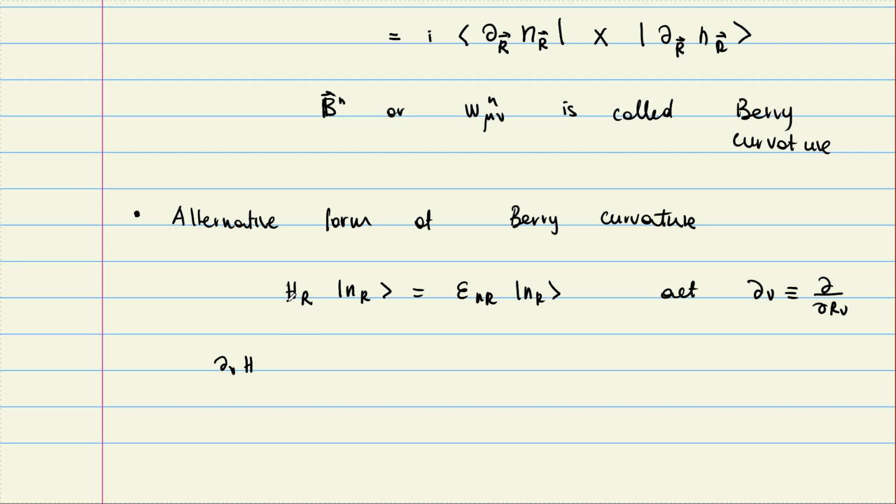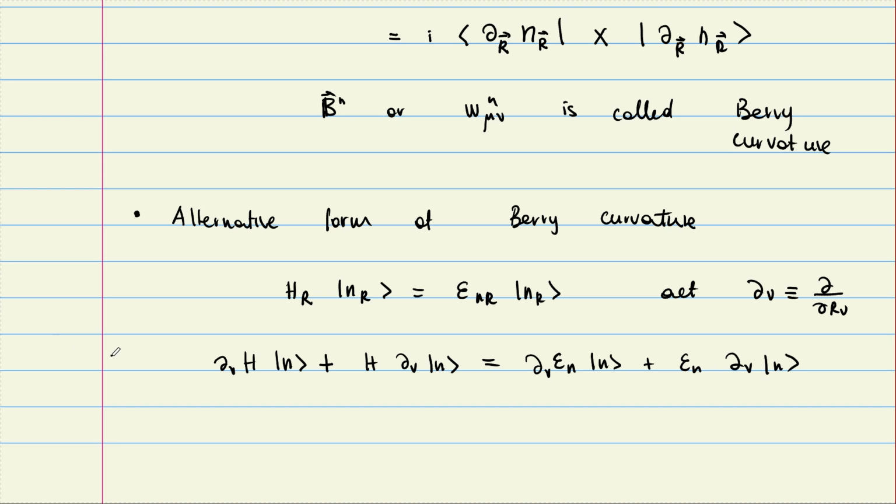There's no point in writing it over and over again. Everything depends on r anyway. So this one, n plus h del mu n is equal to del mu epsilon n plus epsilon n del mu n. I didn't do anything, I just acted with the derivative.